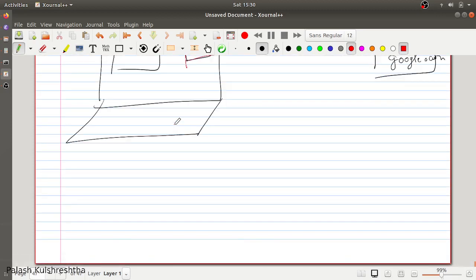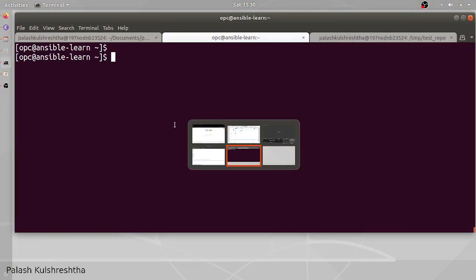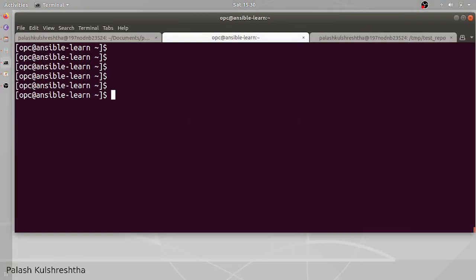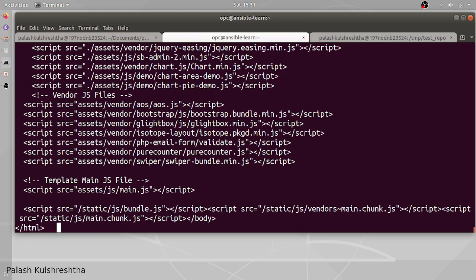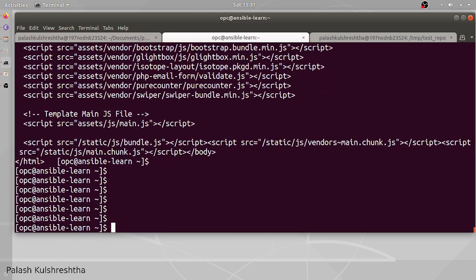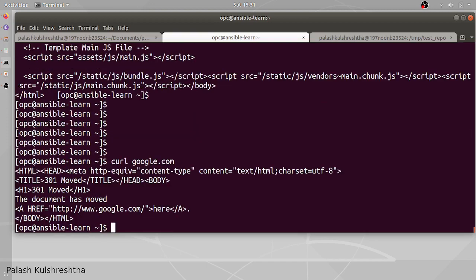So for example, let's try to see something. When we do curl google.com, what is happening is a connection is established from my system to google.com.